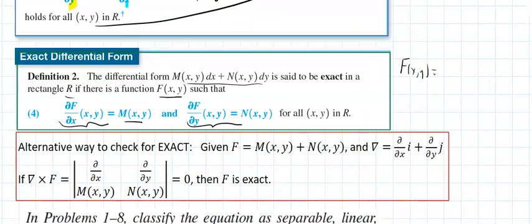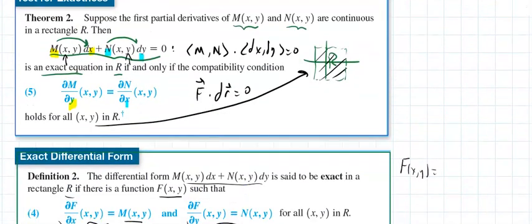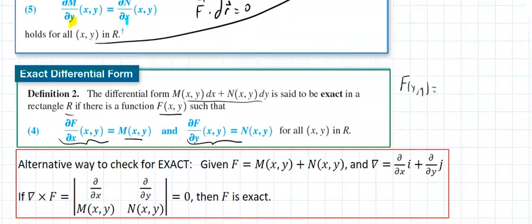We take the partial of M with respect to y, where M is the quantity being multiplied by dx, and we take the partial with respect to x of the quantity that's being multiplied by dy, and we see if they're equal, we say that's exact.